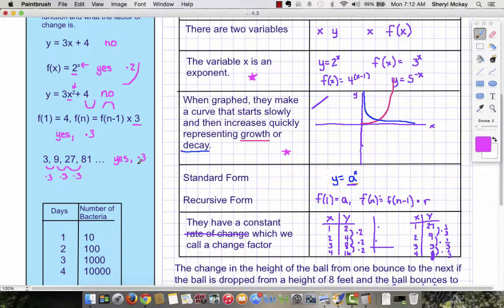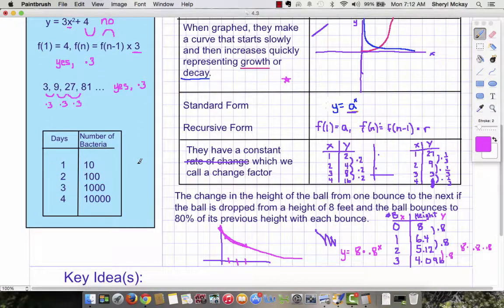So, last one. Here are days and how many bacteria are in a population. On day 1, there are 10 bacteria. On day 2, there are 100 bacteria. On day 3, there are 1,000 bacteria. On day 4, there are 10,000 bacteria. Is this an exponential function? And if so, what is the change factor?